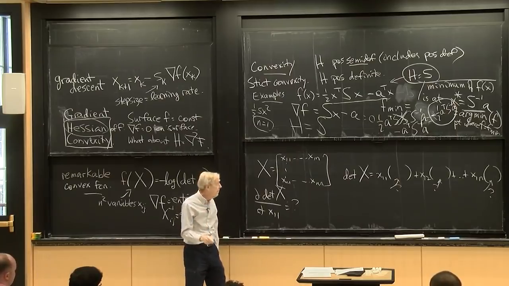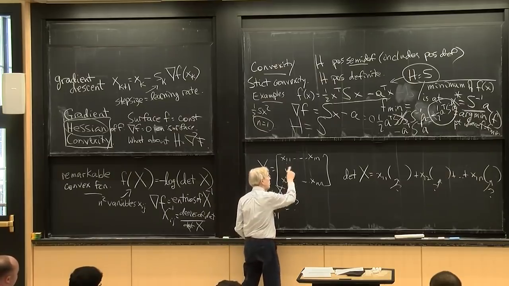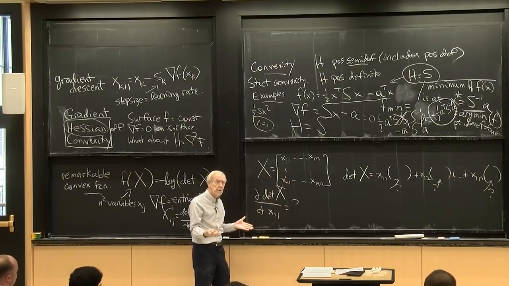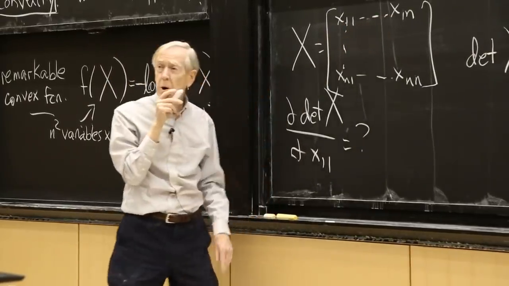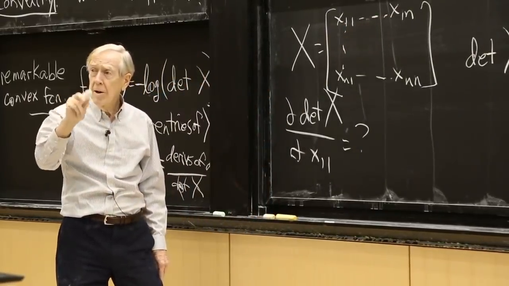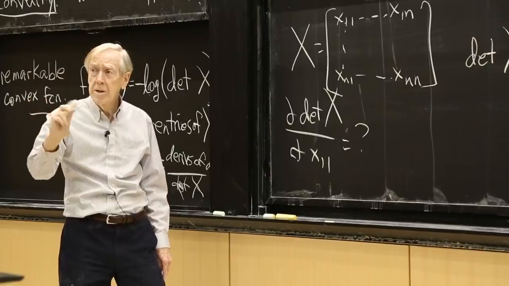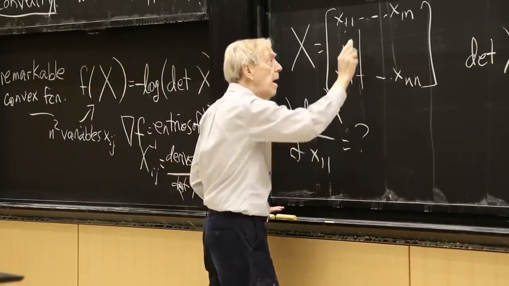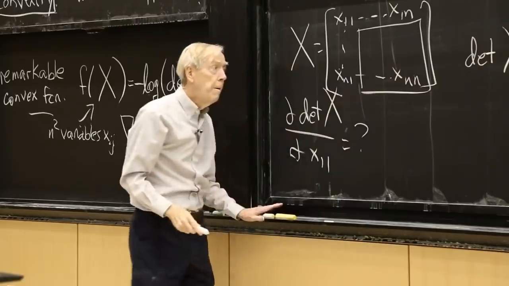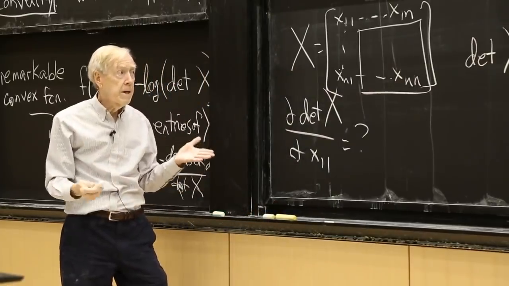What does x11 multiply when you compute determinants? x11 will not multiply any other guys in its row, because you're never multiplying two x's in the same row or the same column. What x11 is multiplying are all these guys. In fact, it turns out to be the determinant.